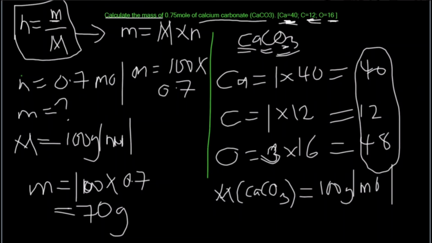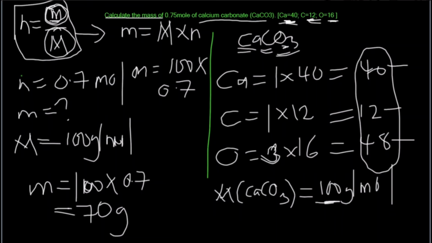After that, you add all the values. 40 plus 12 plus 48 will give you 100, so 100 grams per mole. That's the molar mass. After that, the question said we should find mass. Capital M is molar mass and small m is mass.